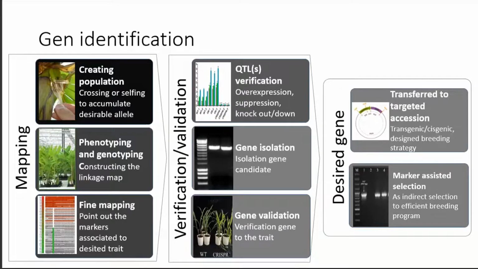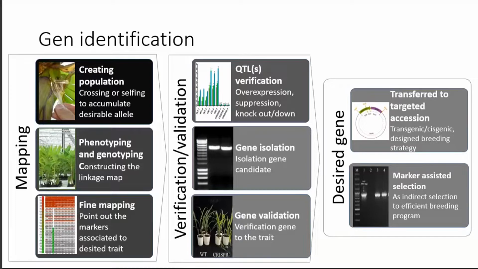And for the genotyping, there are many markers available at the moment: AFLP, DArT sequencing, SNPs, microsatellites, and many other markers. And by combining phenotyping and genotyping data, we can analyze this for fine mapping the markers that are associated to the desired traits.